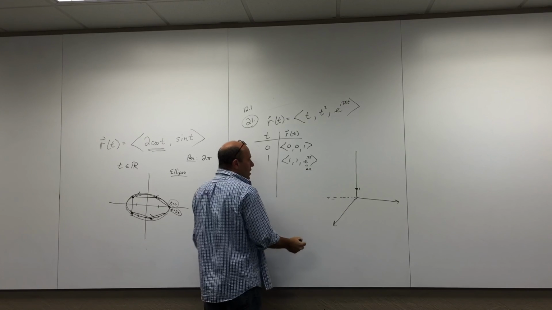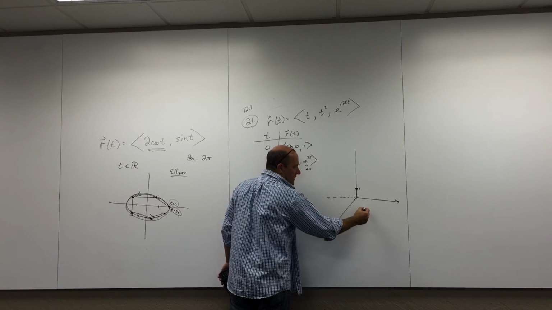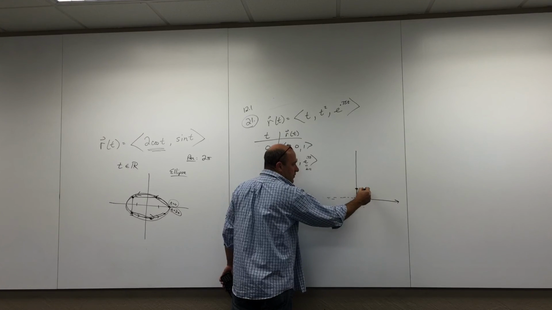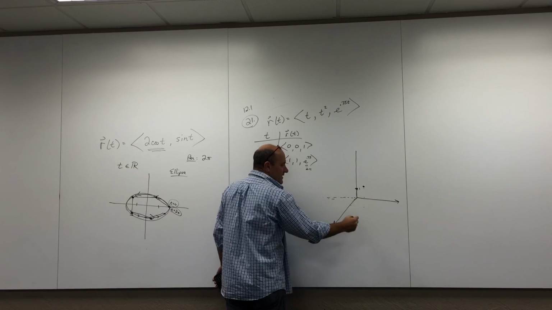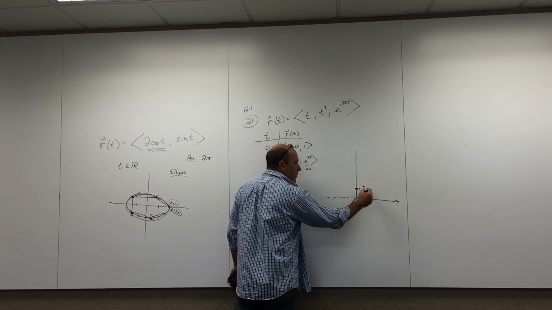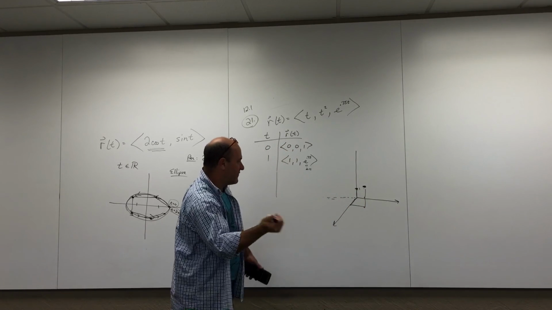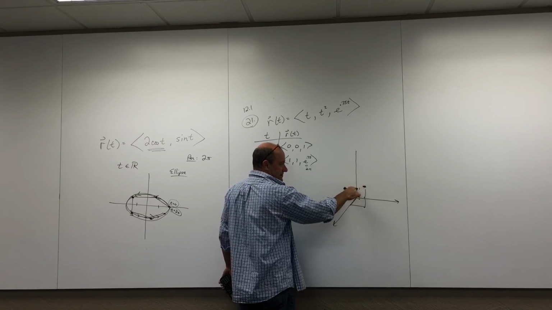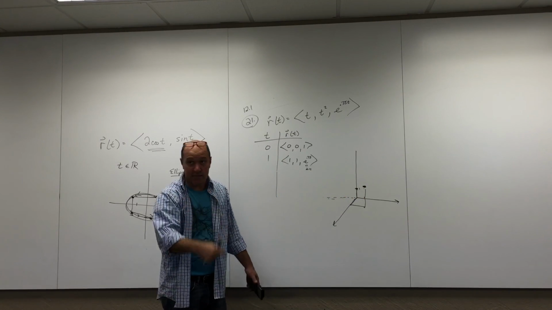So 1, 1, 2.12: out 1, over 1, and up 2.12. It looks like it's right next to that point. That's the problem with drawing 3D on a 2D blackboard.